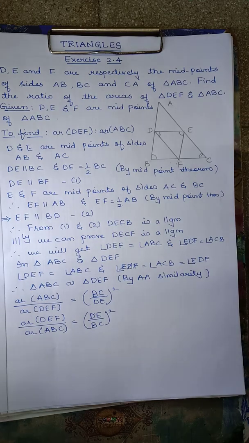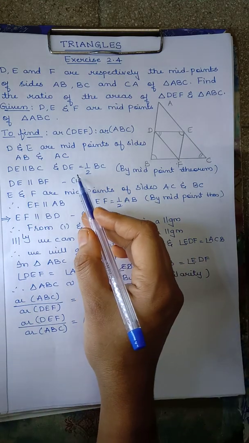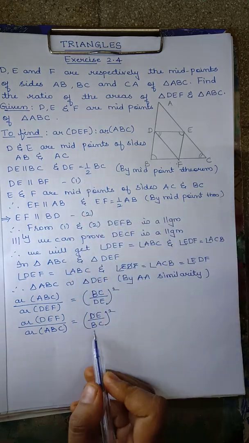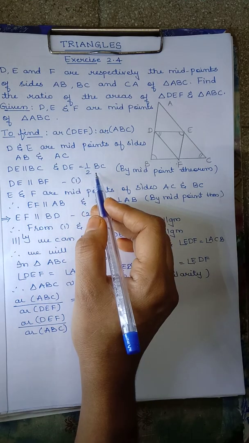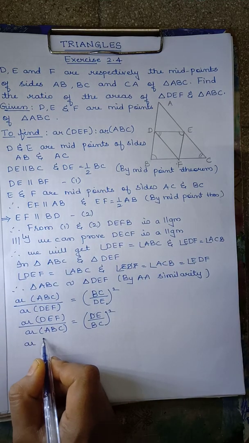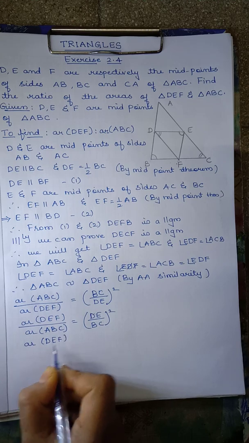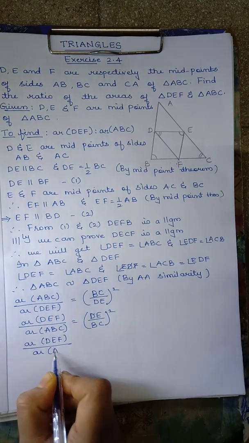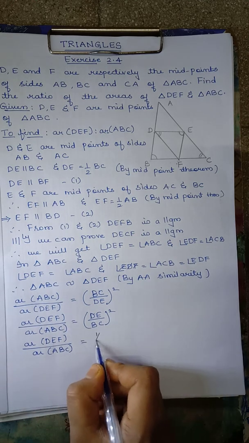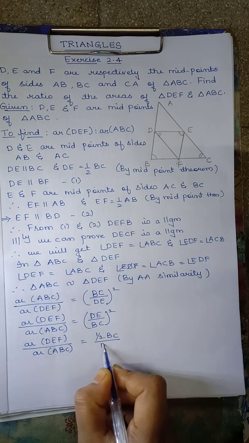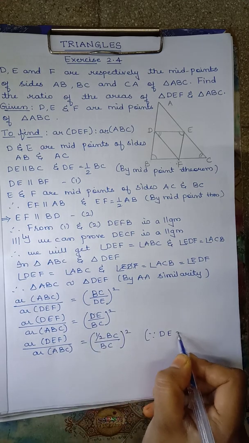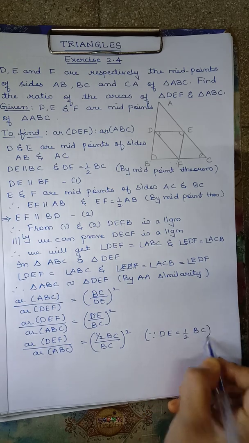Okay, so now we know DE is equal to half of BC. Yes, by midpoint theorem we have written here. So in place of DE I can substitute half of BC. Okay. Now write area of DEF upon area of ABC is equal to, in place of DE I will substitute half of BC upon BC whole raised to square, because DE is equal to half of BC. Okay.